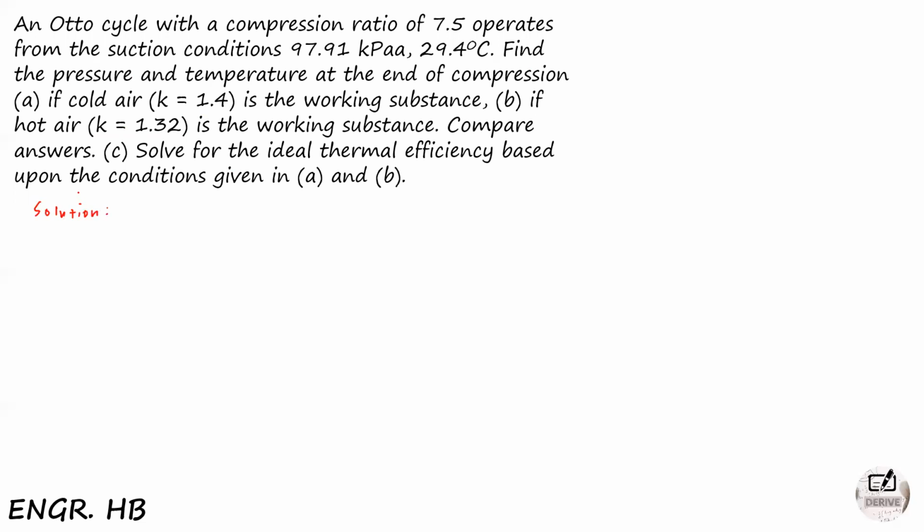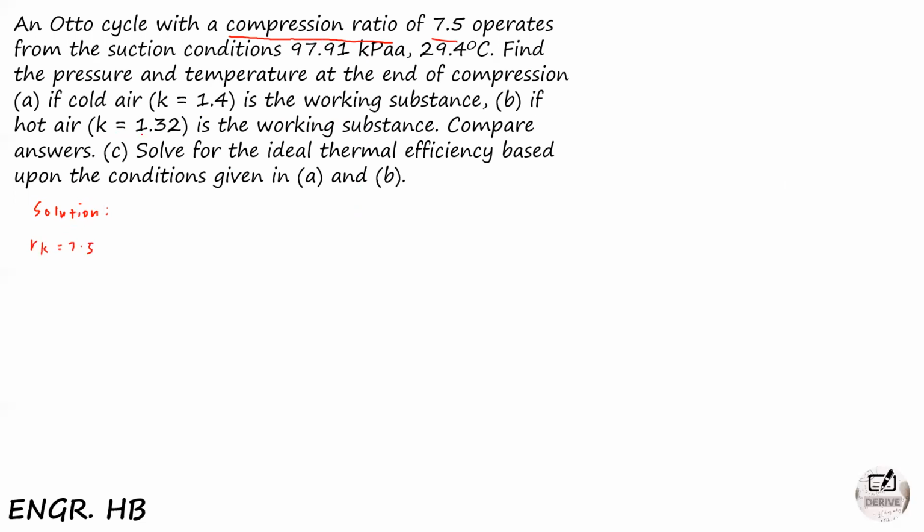Okay, so an Otto cycle daw with a compression ratio of 7.5 operates from the suction conditions. So, guhitan na natin yung mga mahalaga. So, this is compression ratio of 7.5.